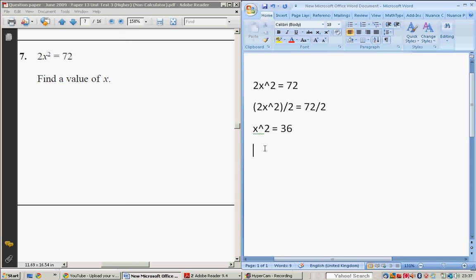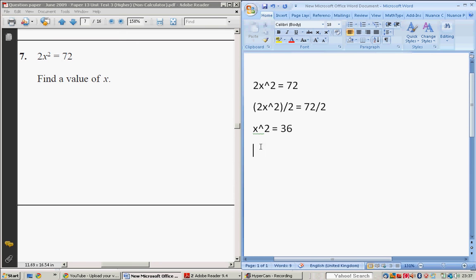So we need to find out what we need to do the inverse of times x. So we divide by x. That wouldn't work on both sides, but we could do x to the power of 2. The inverse of to the power of is square root. At this level, that's all you need to know.